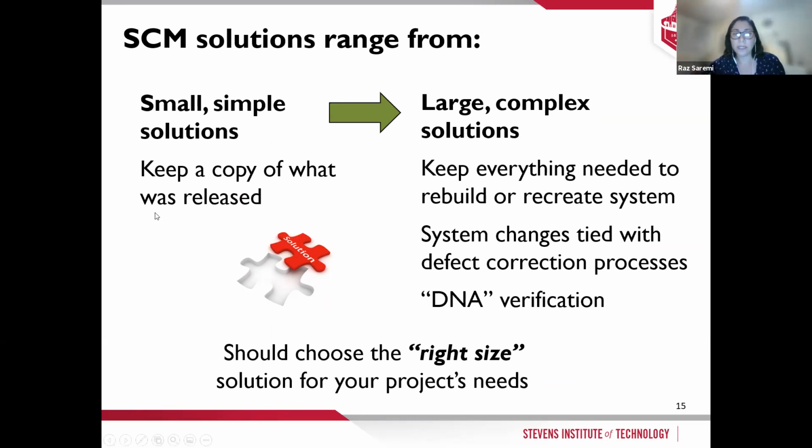When I'm looking at a very small project, the solution is very simple. It's 2 or 3 developers. We can easily manually trace everything. But when I'm working with a complex project, I need more complex management methods. So I need to pick the solution based on the size of the project that I have.